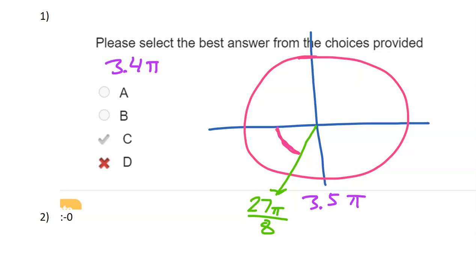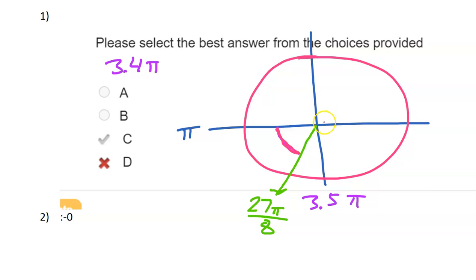So here's the reference angle sandwiched in between the terminal side and the x-axis. So if I want to find the reference angle, I need to subtract this terminal side from the x-axis. But what is the angle here at the x-axis? Is it pi? No, this is not pi because we have looped around more than one revolution.